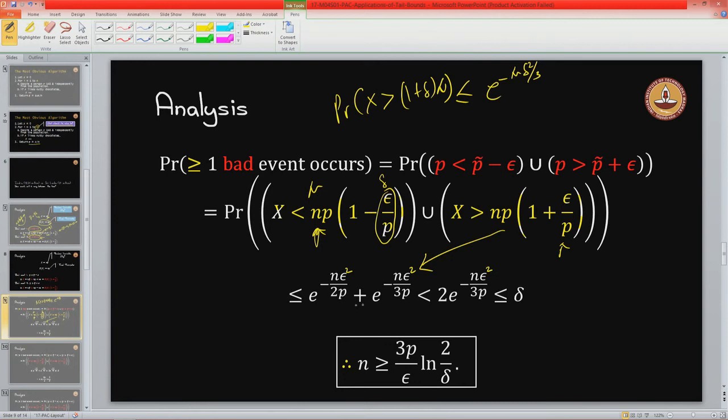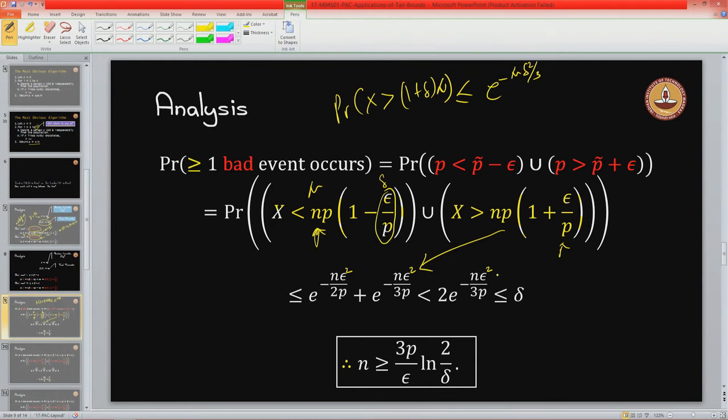Okay. So I'm approximating: instead of dividing by 2p in the exponent, if you divide by 3p, you only get a larger bound. Since we just want an upper bound, I'm calling these two individual terms 2 times e to the minus n epsilon square by 3p.